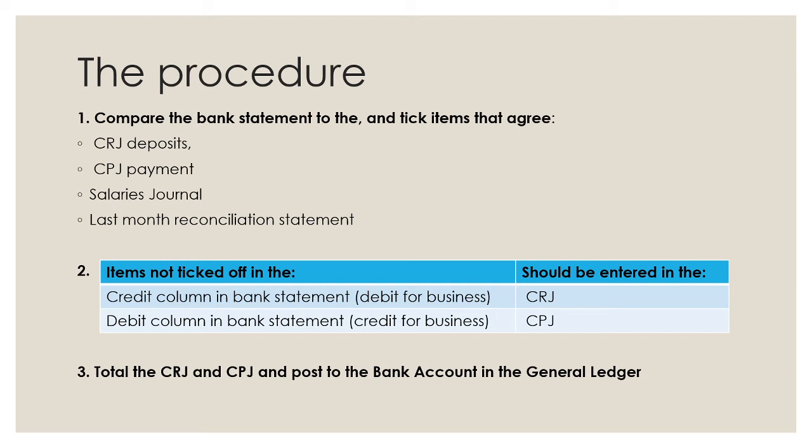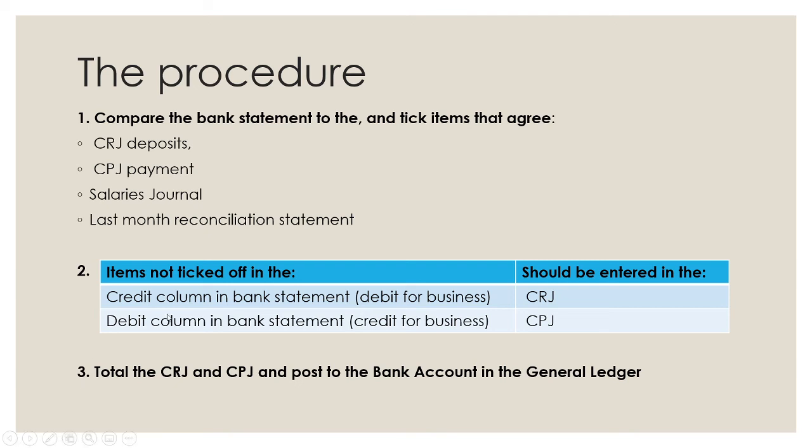You're going to compare all the debit balances that went through your bank statement to your CPJ and make sure all of them agree. If they don't agree, it's not the end of the world. You make marks, so you remember which ones did not agree. Then you're going to take your salary journal and you're going to compare that to your bank statement. And then you also need to take your last month reconciliation statement.